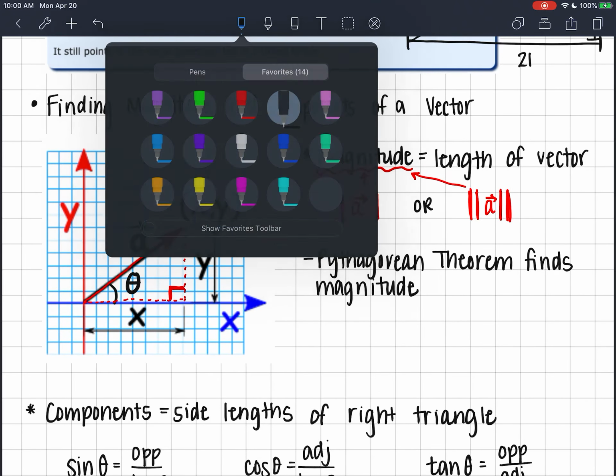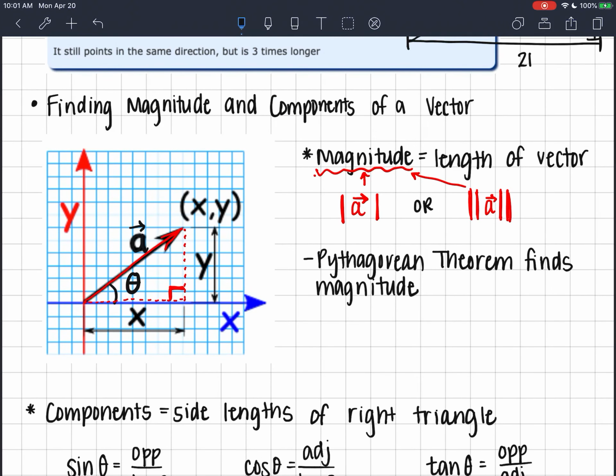So you may remember in geometry learning about a squared plus b squared equals c squared. What that means is your side lengths squared added together equal your hypotenuse squared. Well, my hypotenuse in this case is the magnitude of my vector. So the magnitude of my vector squared is going to equal my side lengths, x squared plus y squared.